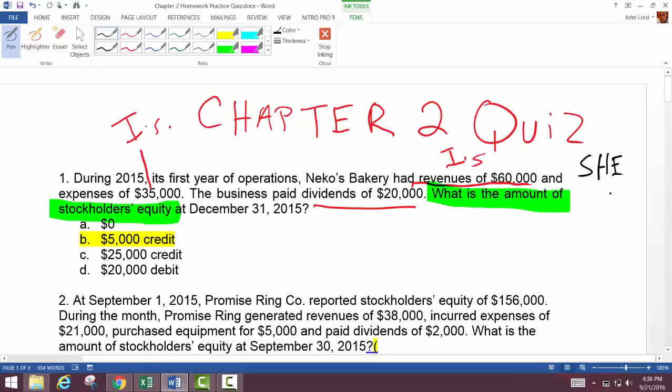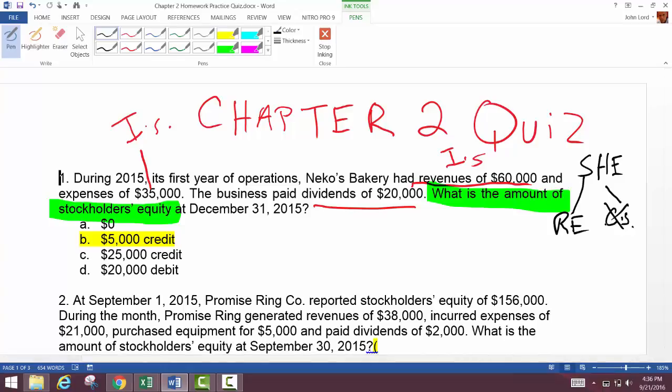What are the two accounts of stockholders' equity? Okay, common stock, and what? Retained earnings. So I'm going to have to analyze retained earnings to be able to answer this question, because they don't tell me anything about common stock, do they? So I can't figure in any factors for common stock on this.